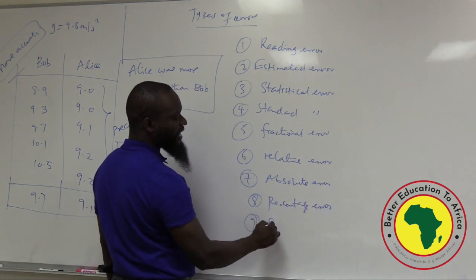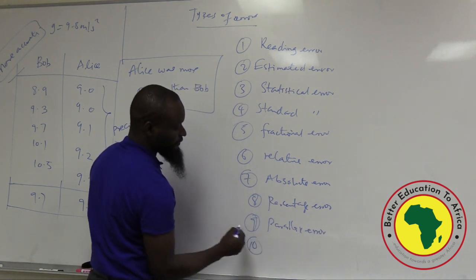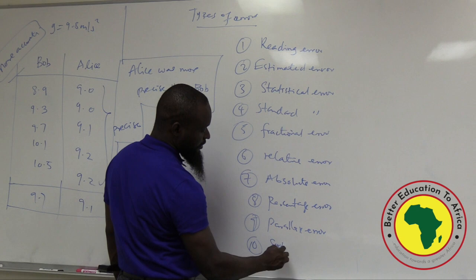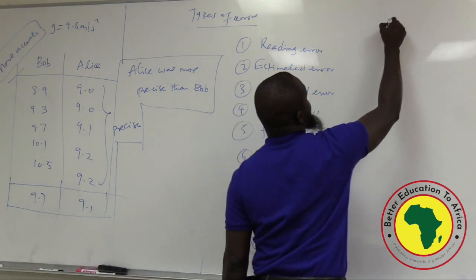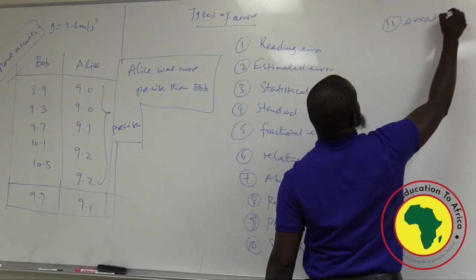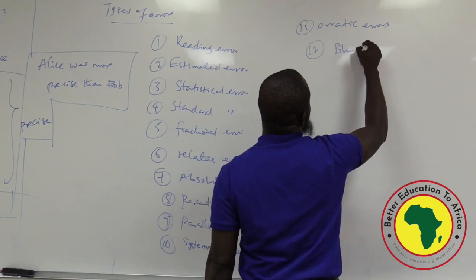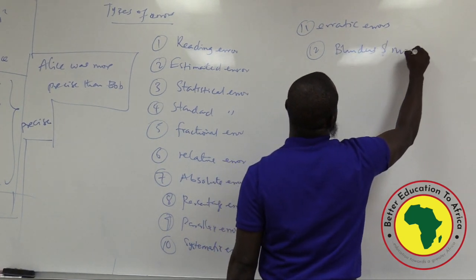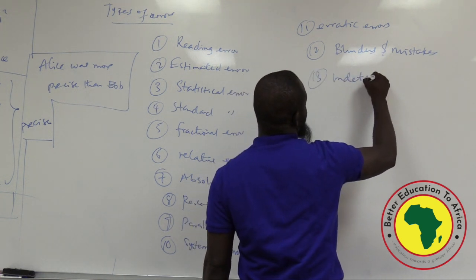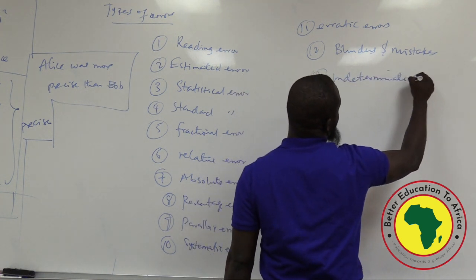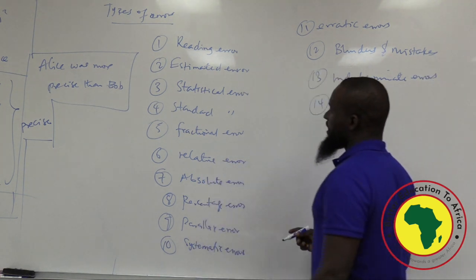Number 9, we've talked about parallax error before, you know what that is. Number 10, systematic errors. Number 11, erratic errors. Number 12, blunders and mistakes. 13, indeterminate errors. 14, we can keep going and going.